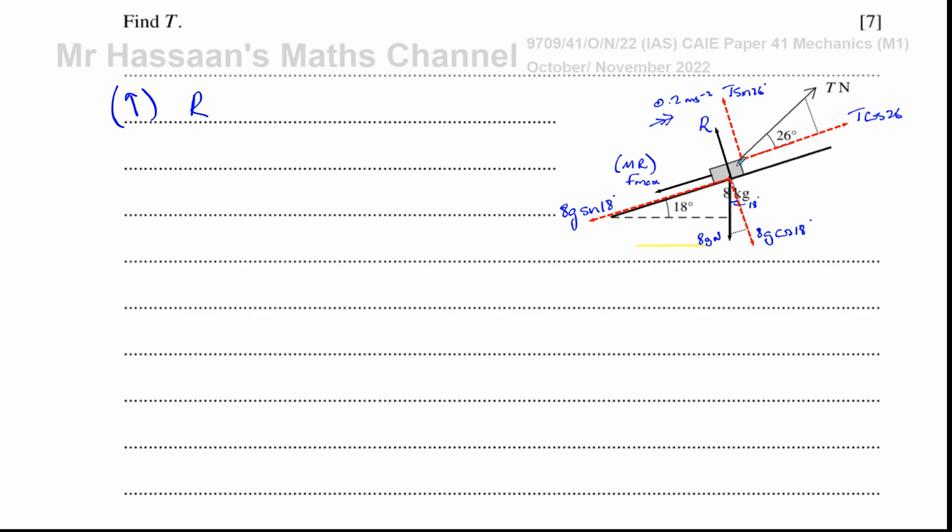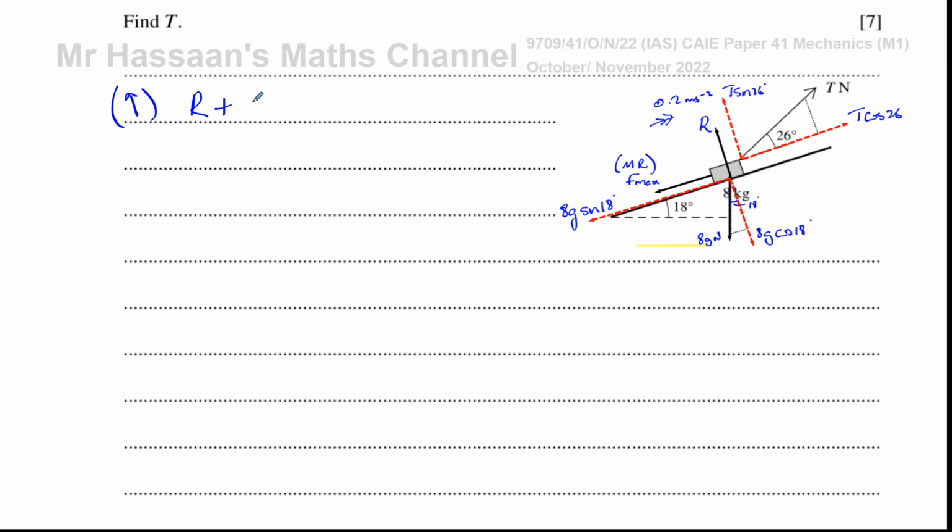The common mistake people make is to say R is equal to 8g cosine 18, and they forget about this force here. It also has a component perpendicular to the plane. If it were acting only parallel to the plane, it wouldn't have a perpendicular component, but because it's acting at an angle to the direction of motion, it also has a component acting up here. So be very careful not to forget that.